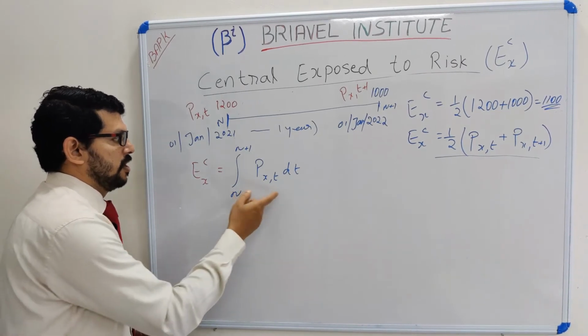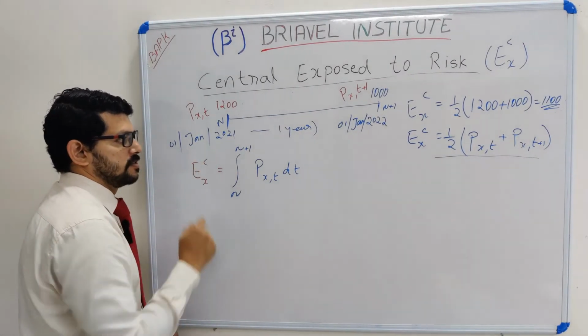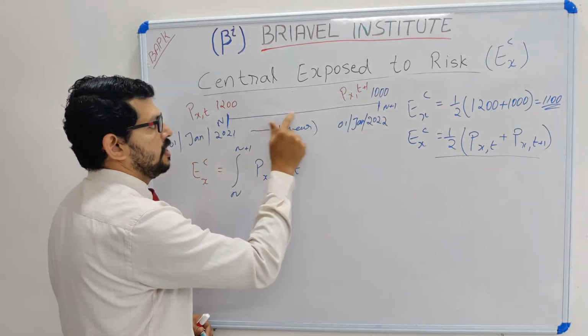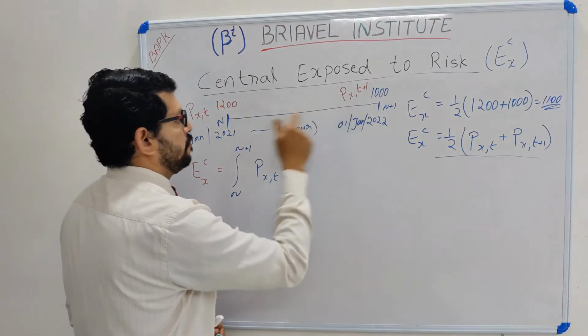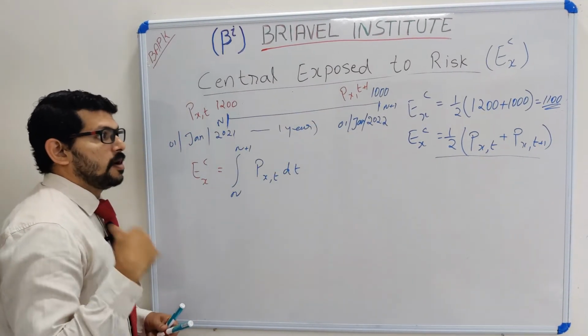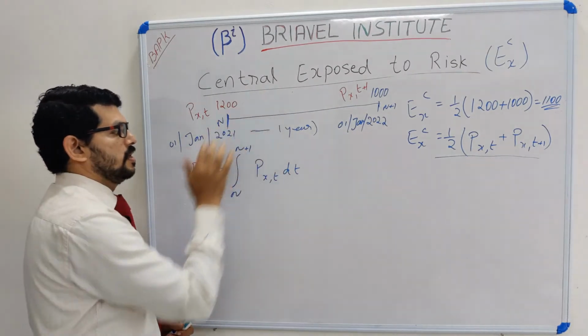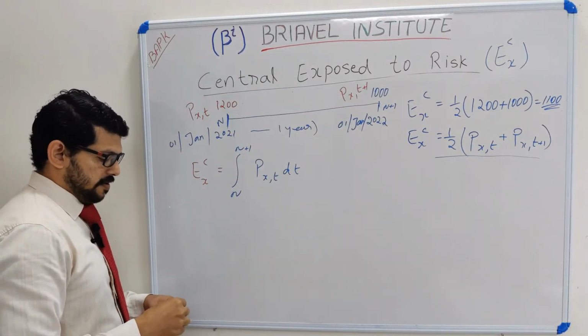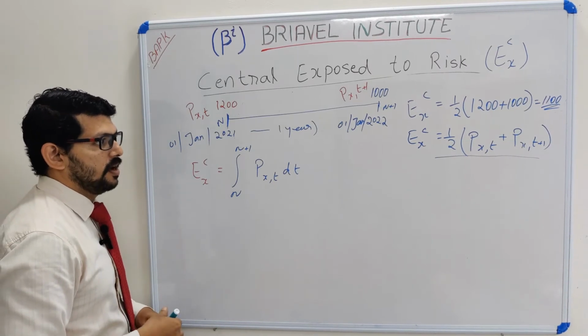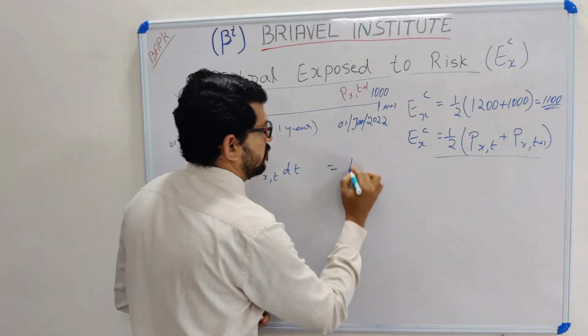This is the actual central exposed to risk, but we have no information about each and every point in the time period. So we are taking some approximation to calculate E_h^c. This is a very good and simple approximation, which we will call the trapezium approximation.